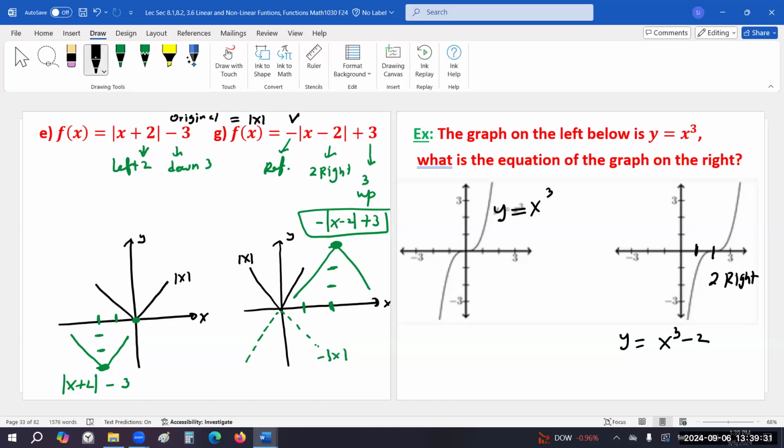Is this correct? If you have a single number, which direction do you go? Down 2. So 2 is correct, but the position is wrong. It should be inside, in brackets, with the cube. So x minus 2. Right. So the cube has to go after that.